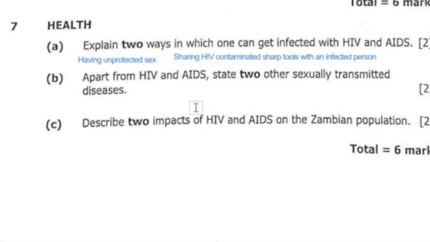So before they get blood from the person, they will test that person for HIV or AIDS, unless in a special occasion, like for instance, if the person contracted that disease maybe some few days ago and it's not visible.